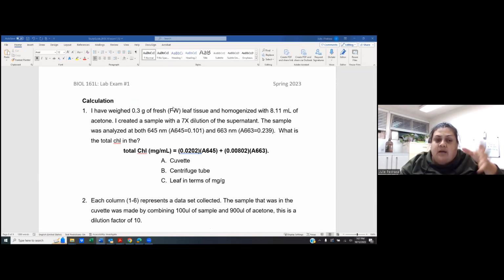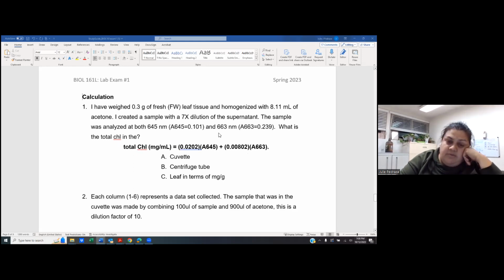So we mashed it up, and we wound up using 8.11 milliliters of acetone. This means everything that was in the second centrifuge tube after we centrifuged it. Then they created a 7x dilution of the supernatant. The sample was analyzed at 645 and it got this absorbance, and 663 at this other.